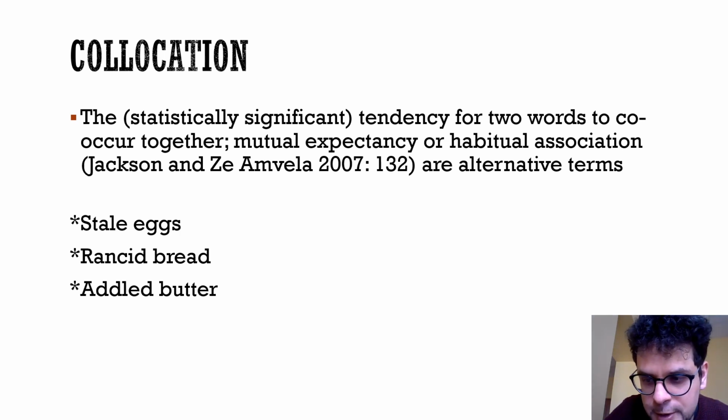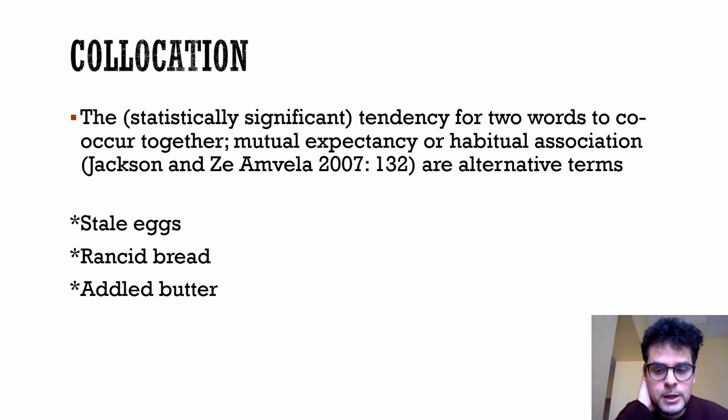Because we said that collocations tend to be partly transparent, so it's clear that even these wrong combinations would indicate produce that is not fresh. Okay, of course we know that we say rancid butter, stale bread, and addled eggs.